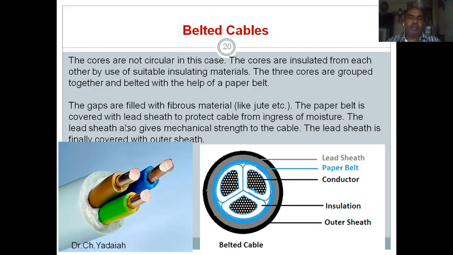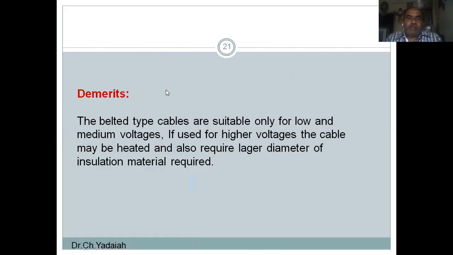Next, what are the demerits of the belted cables? The belted type cables are suitable only for low and medium voltages. If used for higher voltages, the cables may be heated, and they also require larger diameter insulation material. The main thing in cables is the dielectric strength and insulation resistance.